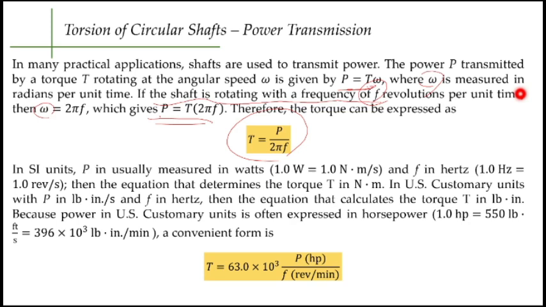In SI, power is usually in watts, and a watt is joules per second, and a joule is a newton meter, and f is in hertz, and usually a hertz is 1 revolution per second.